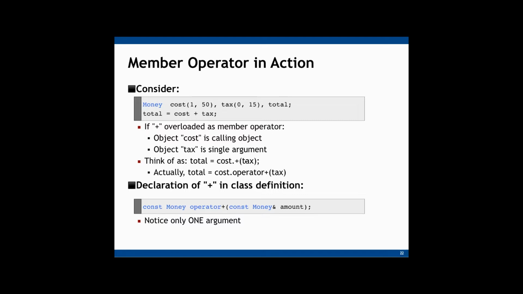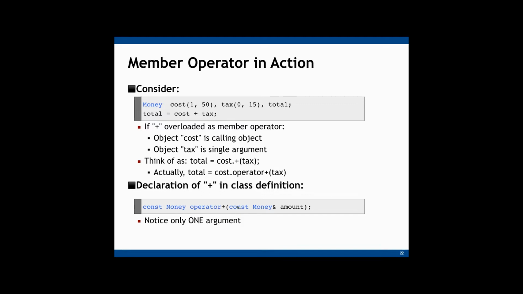You can think of it like this form. Cost is the calling object, and using this dot operator, we invoke the overloaded plus operator and pass text as the first argument to this overloaded plus operator function.